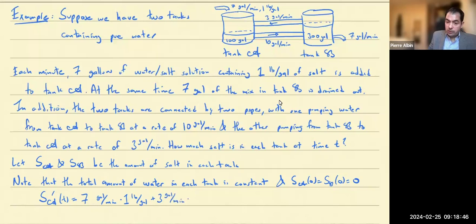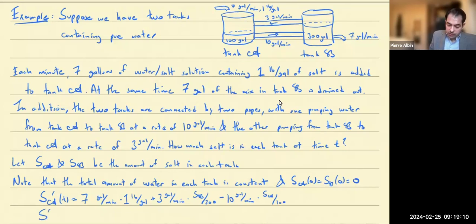And how much salt? Well, it depends on how much salt there is in tank B divided by how much water there is in tank B, 300, minus 10 gallons per minute of water leaving tank A. And there, the amount of salt would be the amount of salt in tank A, so S_A divided by 100.